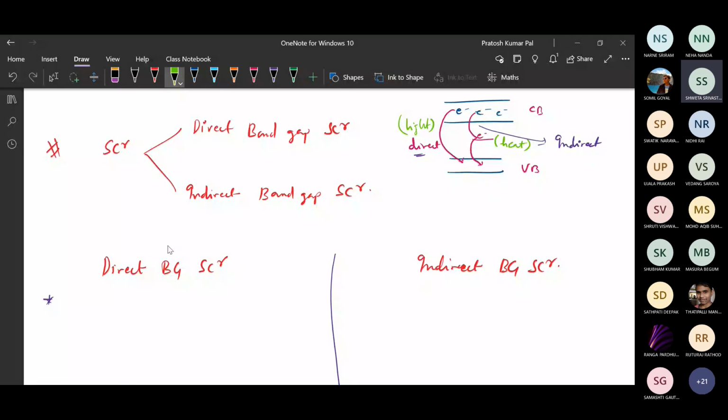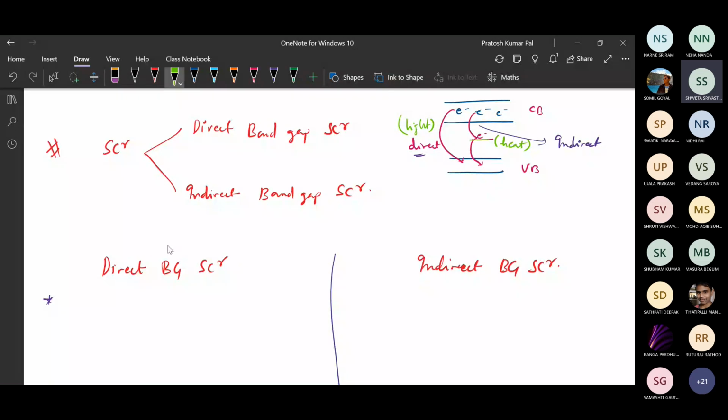But if it is an indirect band gap semiconductor, we cannot use it for designing an LED, because in indirect there is an intermediate level. The energy will be dissipated moving from conduction band to the intermediate level and from the intermediate level to valence band, so there will be dissipation of energy in terms of heat.